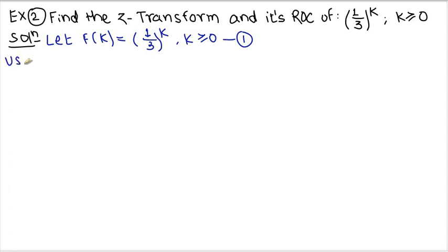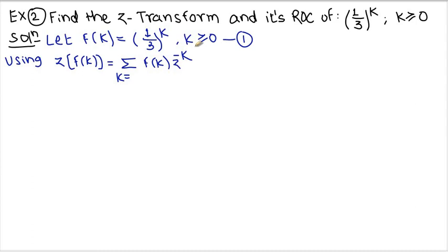Using the definition of z transform again, the z transform of the given function f of k is the sum over k from the lower to the upper limit of f of k into z raised to minus k, right?